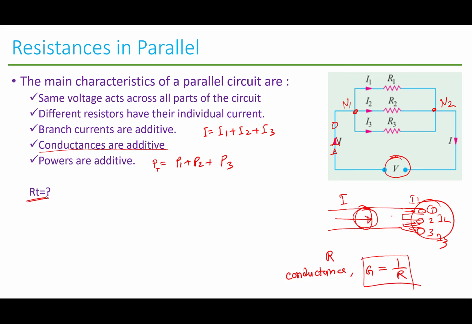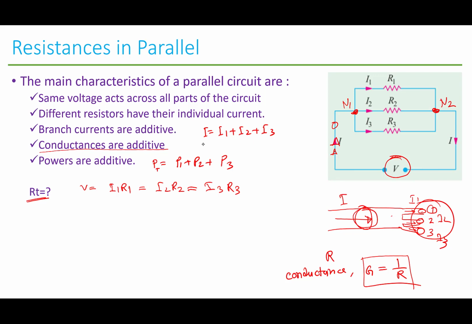Now think about the voltage: V equals I1 R1, and V also equals I2 R2 and I3 R3, because the voltage across node 1 and node 2 is V, and according to Ohm's law this voltage is the product of current and resistance.